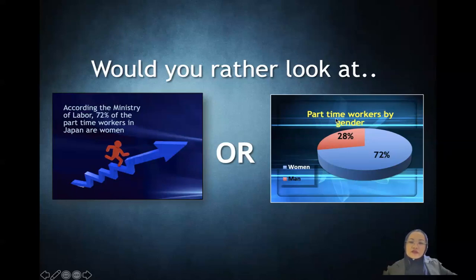So you can discuss with your friends, and we shall discuss in class further, how to improvise each design. For example, on the left you talk about women, but the symbol that you use here does not represent women. You need to improvise on that part as well.